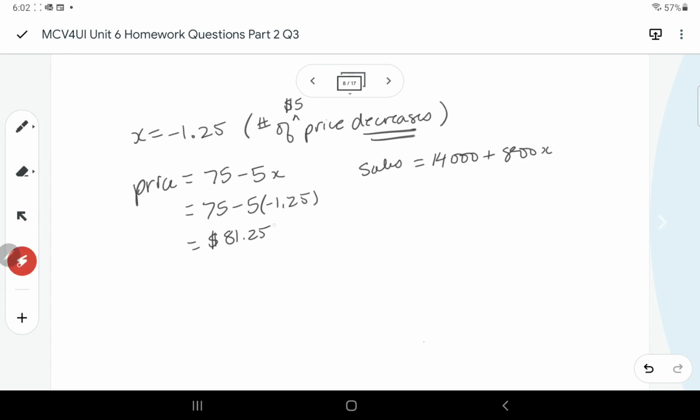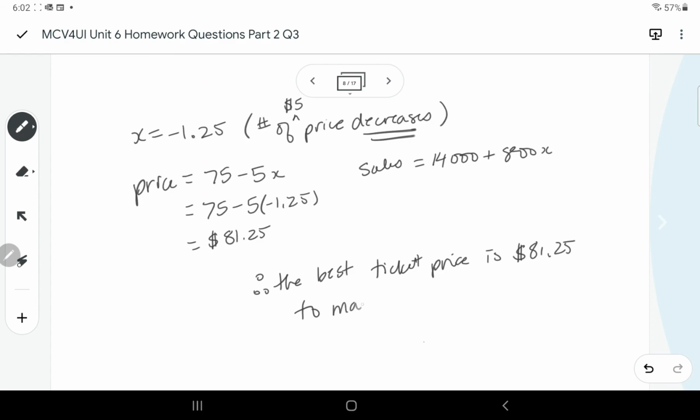And you're actually increasing the price a little bit, which will reduce the number of sales, because I'm going to have plus 800 times that negative, but it actually will even out. So therefore, the best ticket price is $81.25 to maximize revenue.